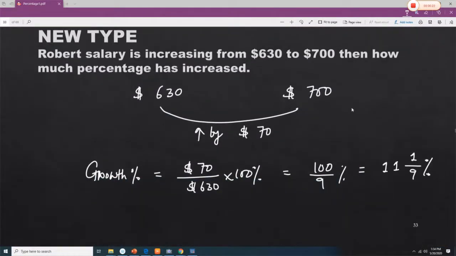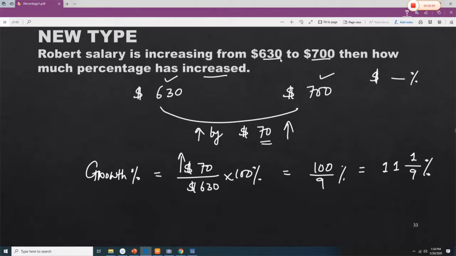So let's say Robert's salary is increasing from $630 to $700. Then how much percentage has it increased? This is a dollar value, and you have to convert it into a percentage. Earlier it was 630, now it is 700, so the difference is $70 increasing.